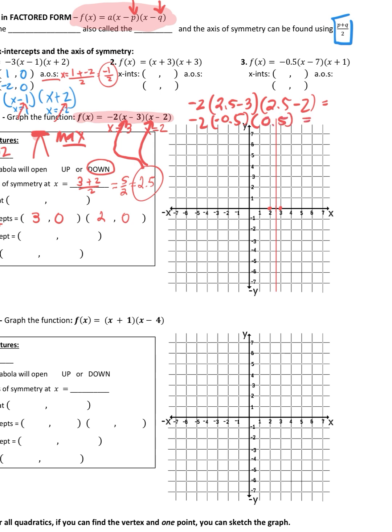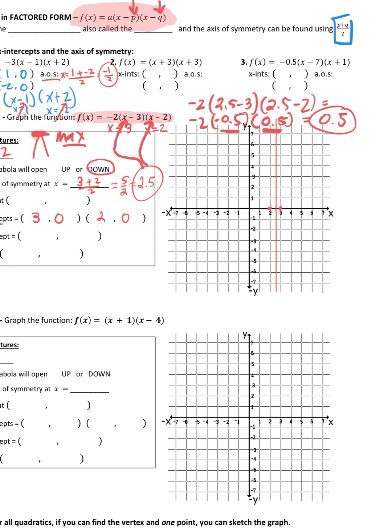So now when we do -1/2 times +1/2, we get -0.25, since 0.5 times 0.5 is 0.25. When you multiply that by -2, you get +1/2. Okay, so this is now +1/2. That's what it comes down to.